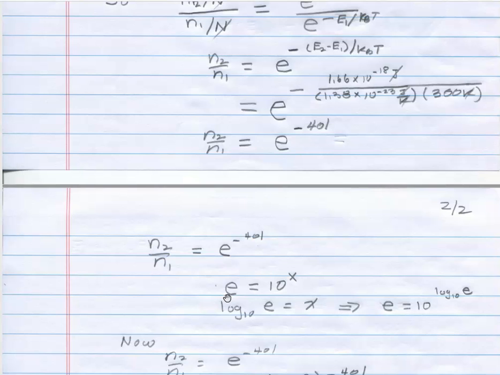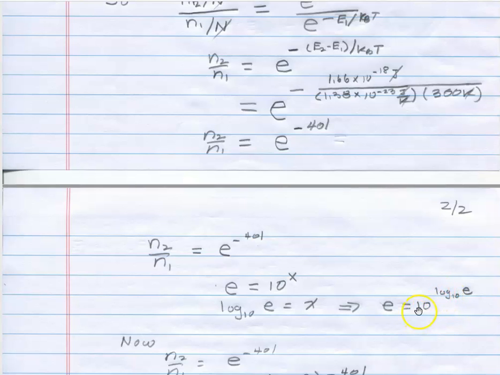If I take the log base 10 of both sides, then the log base 10 of 10 to the x is just x. That's what we mean by the log base 10, it's the exponent. And so if I rearrange this, x is this value, and I plug that value in for x, and I get that the natural exponent e is equal to 10 to the log base 10 of e.